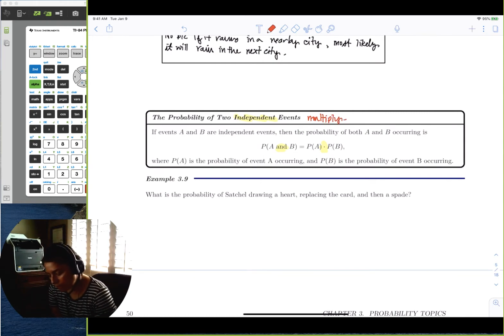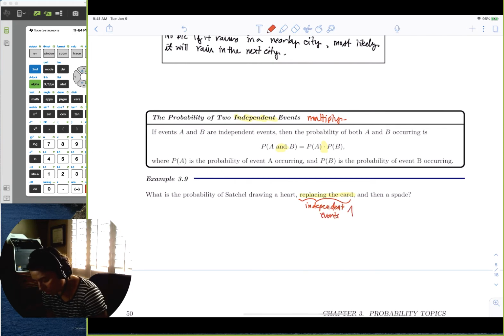So what is the probability of Satchel drawing a heart, replacing the card, then a spade? The fact that he is replacing the card tells me that I'm going to have the same number of cards on each draw, and these will be independent events. The probability of Satchel drawing a heart and a spade is equal to the probability of drawing a heart first times the probability of drawing a spade next.